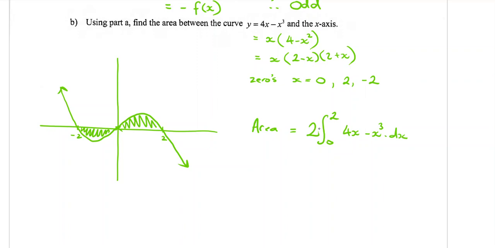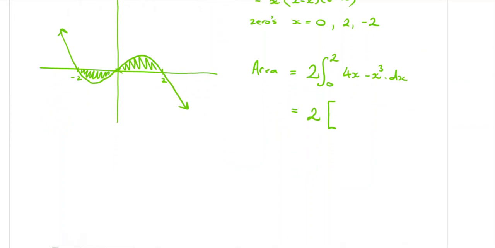Okay, so now I integrate. Leave the 2 out the front. Add 1 to the power makes 4x squared over 2, which would become 2x squared. x cubed, add 1 becomes a power of 4 over 4, between 0 and 2. Leave the 2 out the front and sub in.